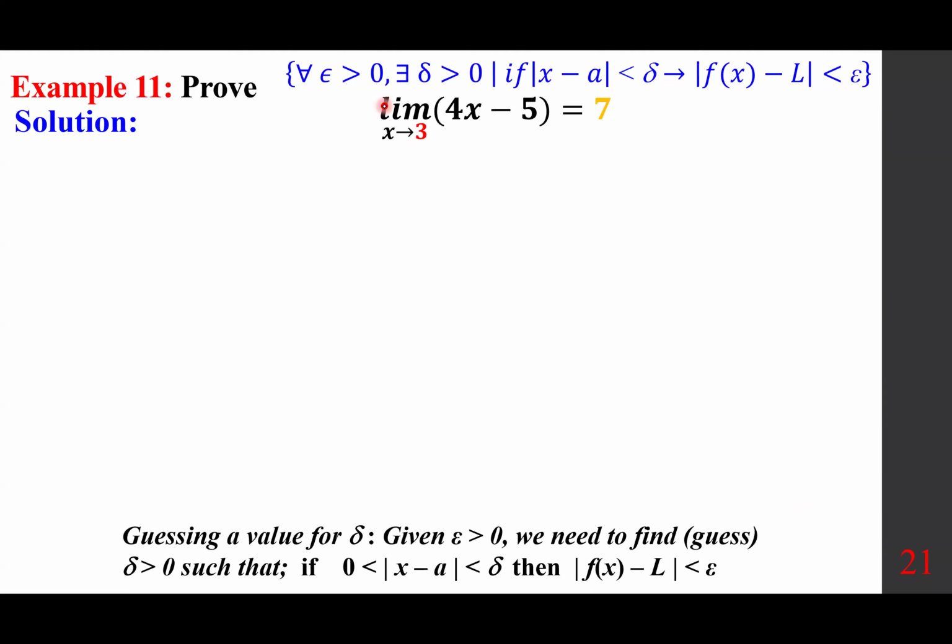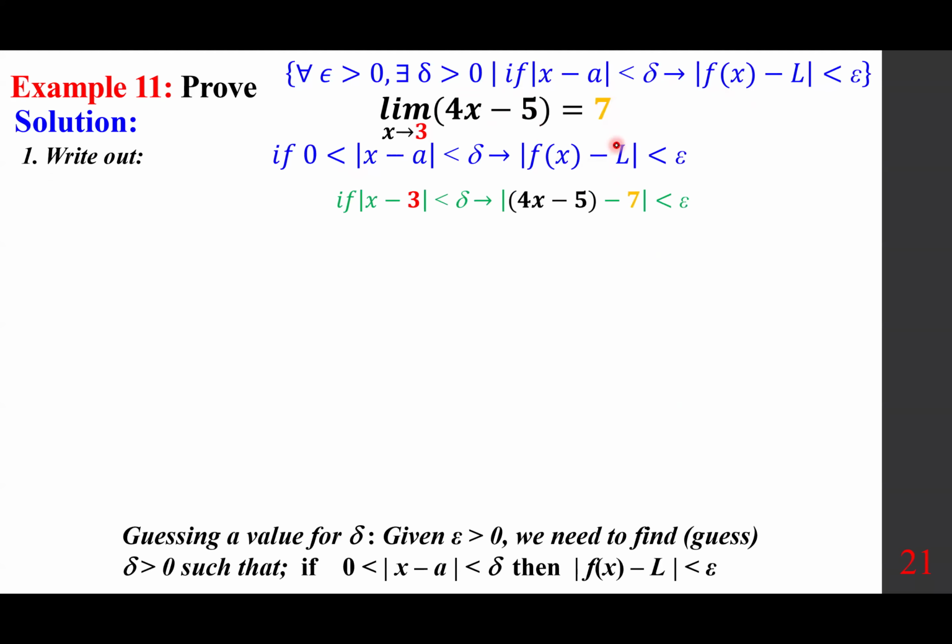So in essence, if the absolute value of x minus a is less than delta, then the absolute value of f of x minus L is less than epsilon. It means we are going to write: if the absolute value of x minus what is a, number 3, is less than delta, f of x, what is f of x? 4x minus 5, minus L, what is L? 7.